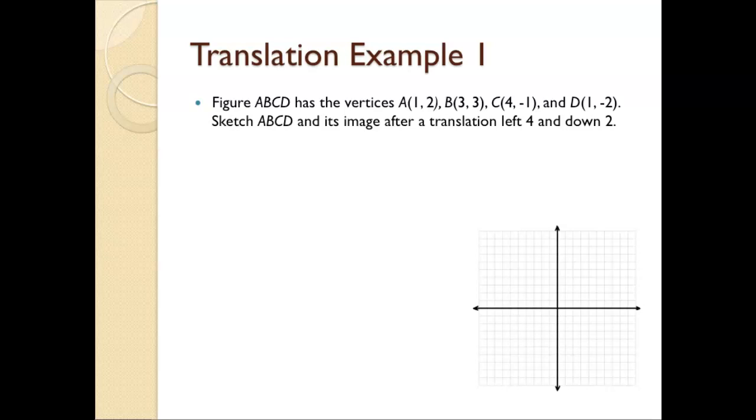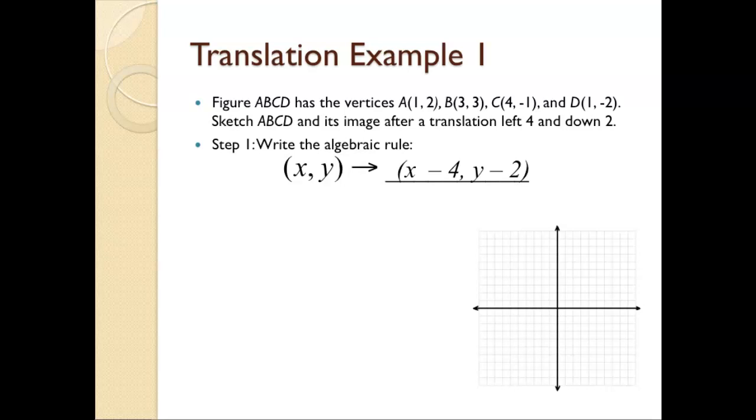For the first step, we're going to write down the algebraic rule. A translation to the left 4 means we have x minus 4, and a shift down 2 means we have y minus 2. So x comma y becomes x minus 4 and y minus 2.